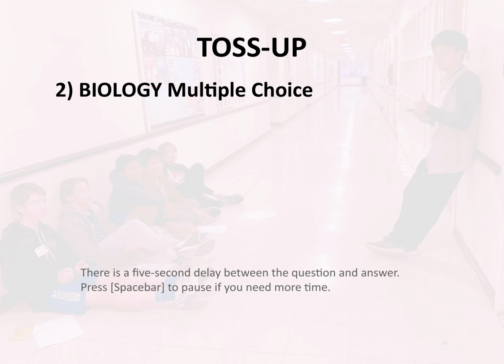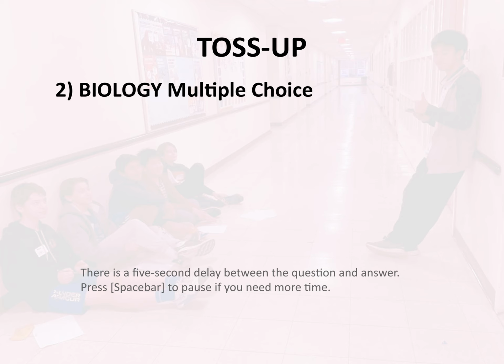Toss-up 2. Biology. Multiple choice. Which of the following correctly describes why antifungal medications are often harder to design than antibacterials? W. Antifungals must target peptidoglycan. X. Both fungi and humans are eukaryotes.